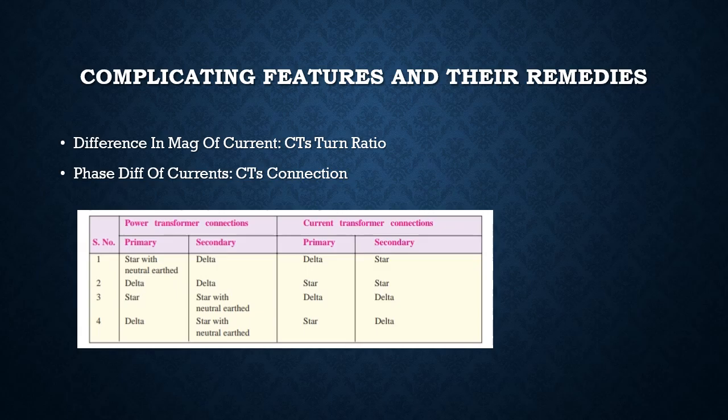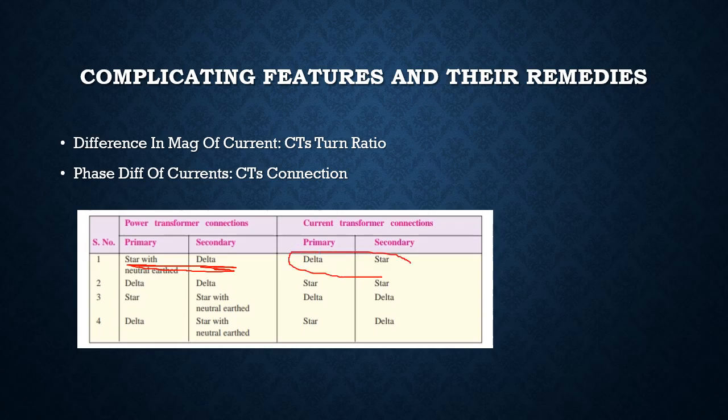For example, if the power transformer is a star-delta power transformer, that means the primary side of the power transformer is connected in star and the secondary side is connected in delta, then the CTs on both sides of the power transformer should be connected in delta-star.